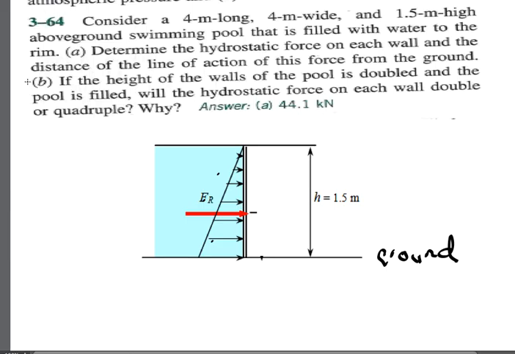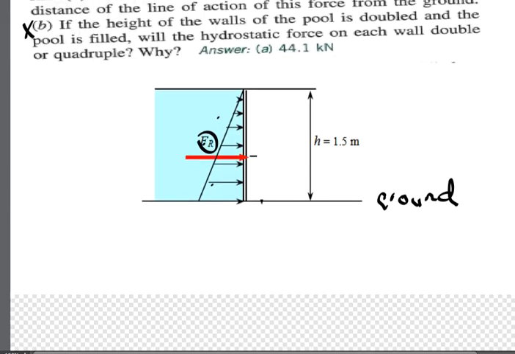Let's forget about part B for a moment. Just do part A. What is the hydrostatic force on the wall, and the distance of action of this particular resultant force. Okay, let's do this.